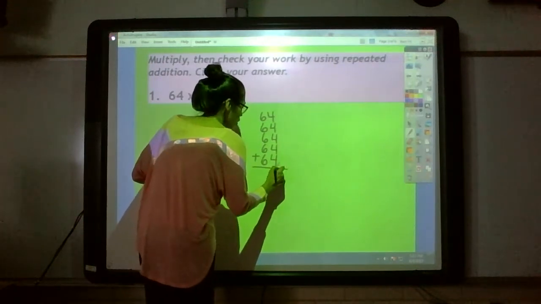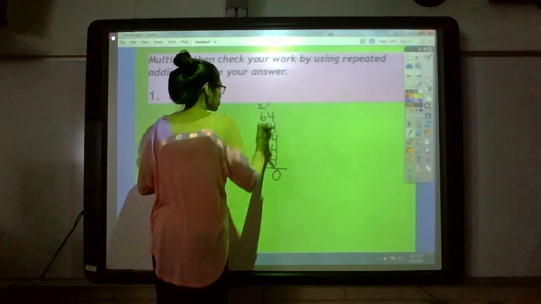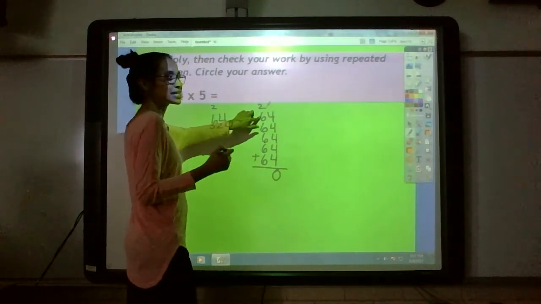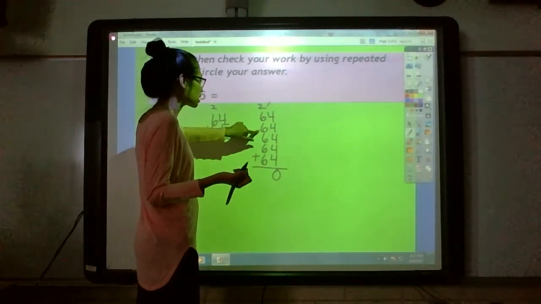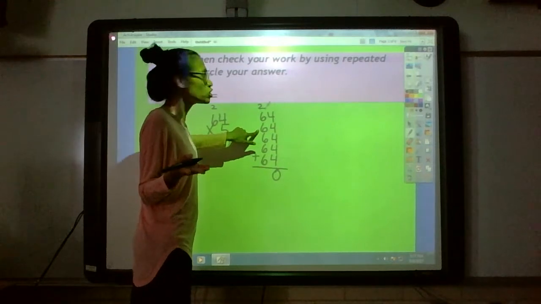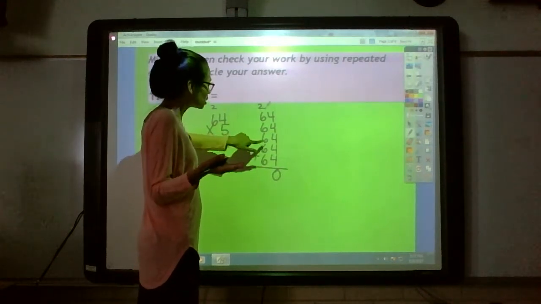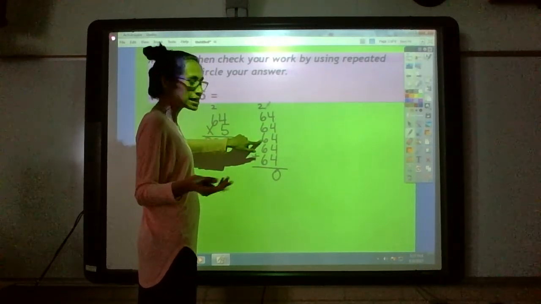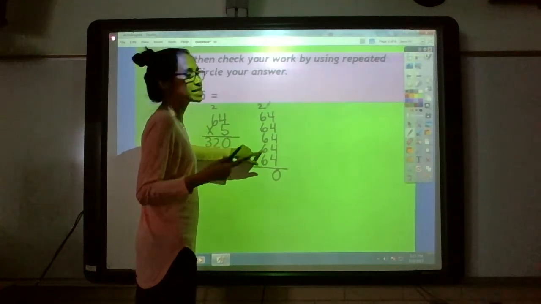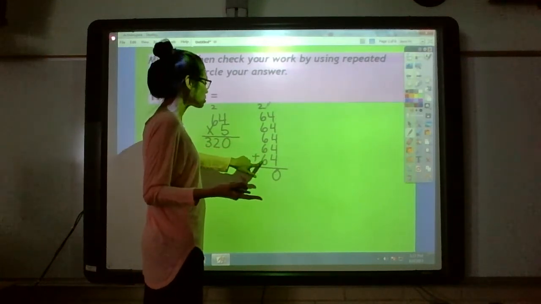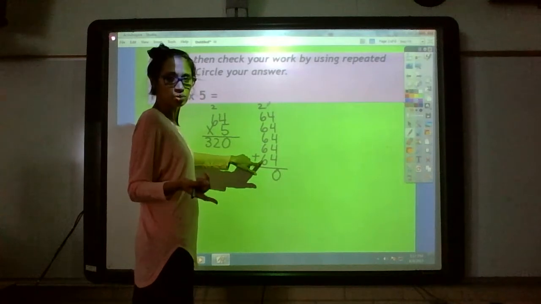Write the 0. We'll carry the 2 up here. And then we can do 2 plus 6 is 8. And then plus 6 is, use your fingers if you need to, 14, plus 6 is 20, plus 6 is 26, and then plus 6 more is 32.